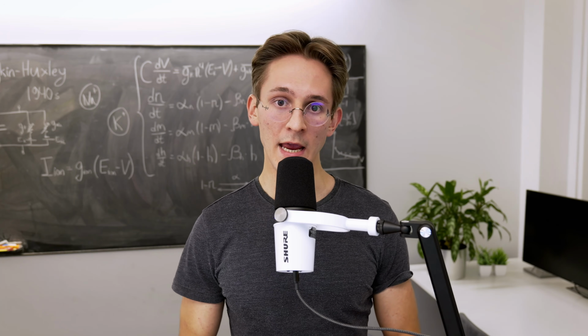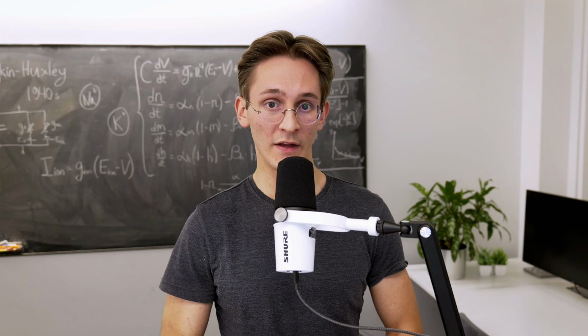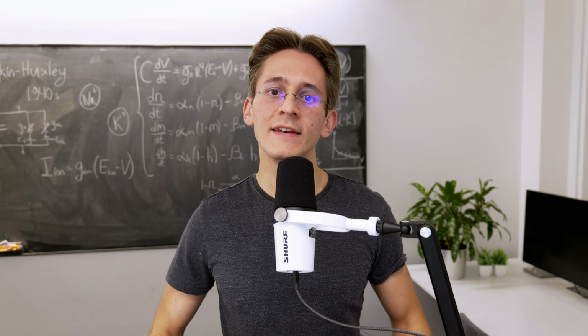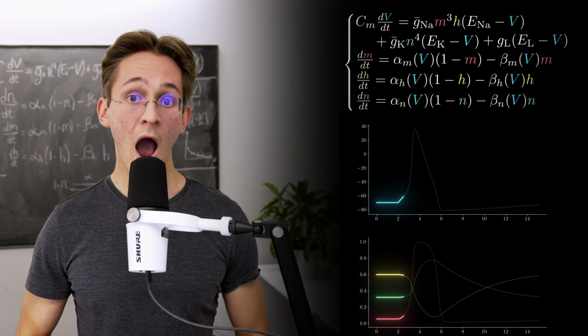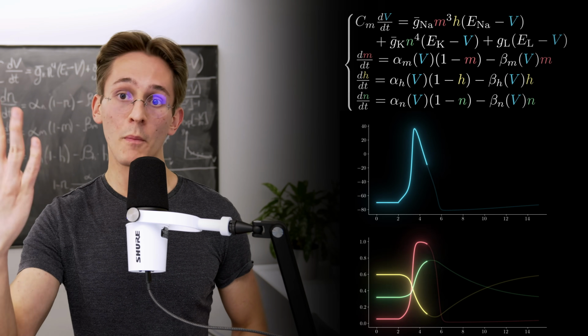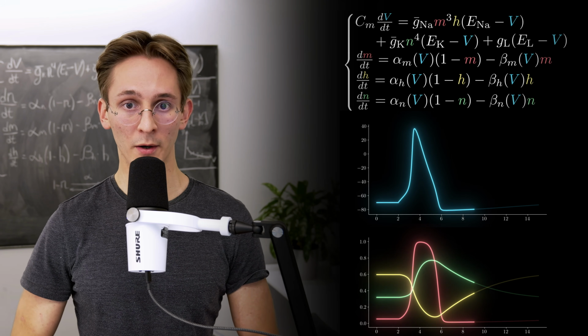What we talked about today is the most complete mathematical description of how neurons generate electrical signals, capturing the intricate dance of ion channels with remarkable accuracy. However, this completeness comes at a cost. Our model consists of 4 coupled differential equations, 1 for voltage and 3 for different gating variables.